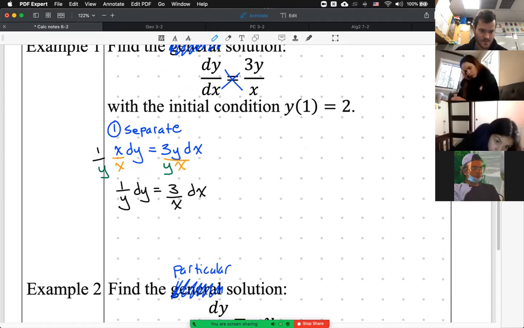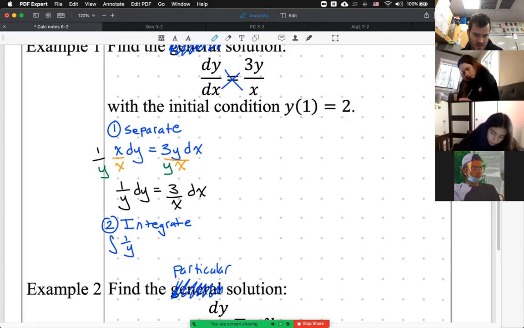We'll give that to Fiona. Step number 2, do you remember what that step is, Fiona? Integrate. Integrate. We'll write down integrate. All right. I'll do the hard part by drawing these symbols for you.